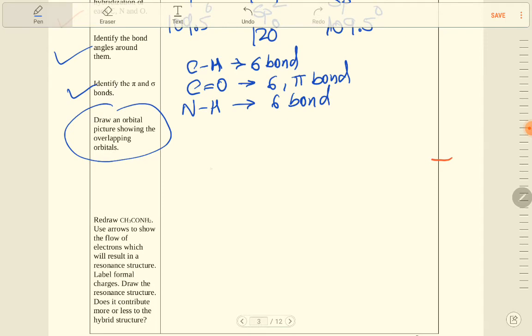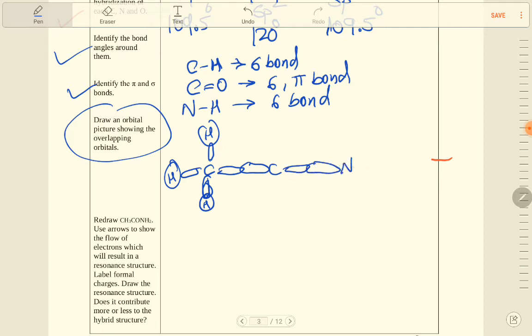So basically CH3 with H, and then this C and this C overlap and make a sigma bond. This C and this N overlap and make a sigma bond. This is making an H bond, this is making an H bond, and there are 2 dots here.